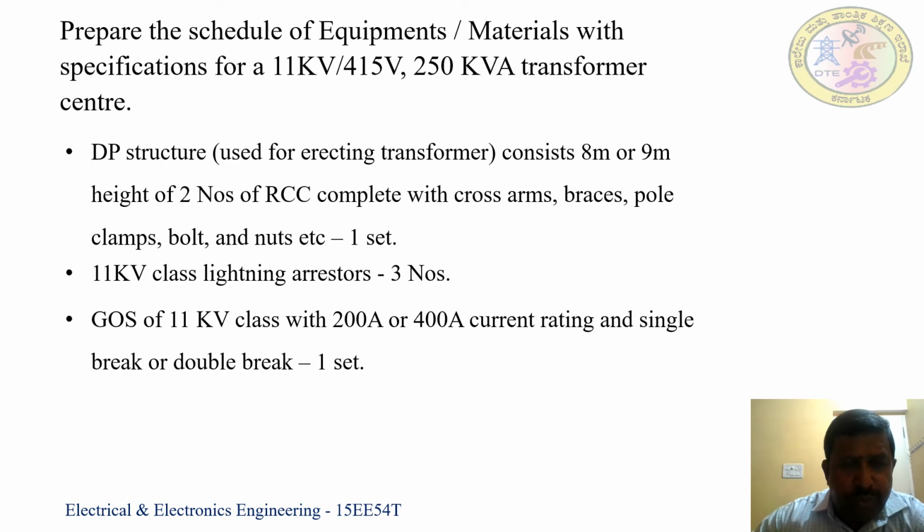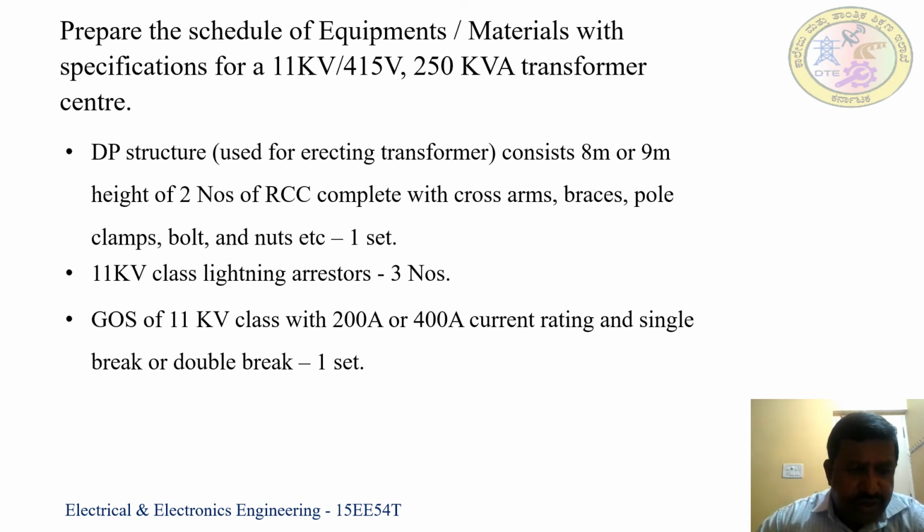The length of the poles is 8 meters or 9 meters. The complete set with cross arms, braces, pole clamps and bolts and nuts, etc. 1 set. Next, 11 kV class lightning arrestor, 3 numbers, for each phase 1 number. Totally 3 numbers.